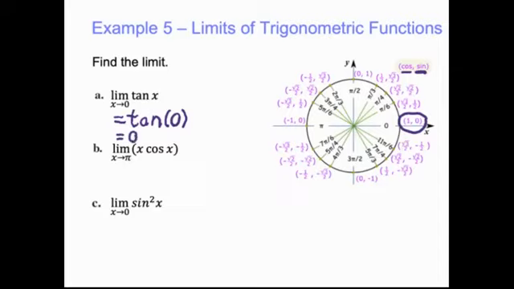Now let's look at part B. Here we're asked to find the limit as x approaches pi of x times cosine x. The first thing that we'll do is use the product property. So that's going to equal the limit as x approaches pi of x times the limit as x approaches pi of cosine x.